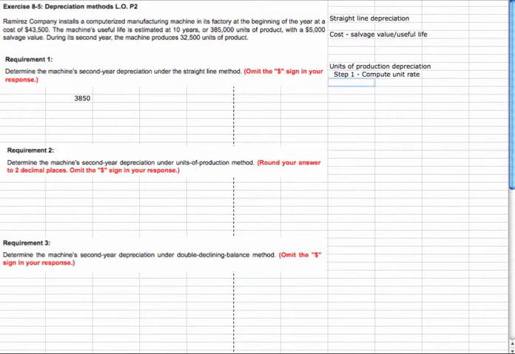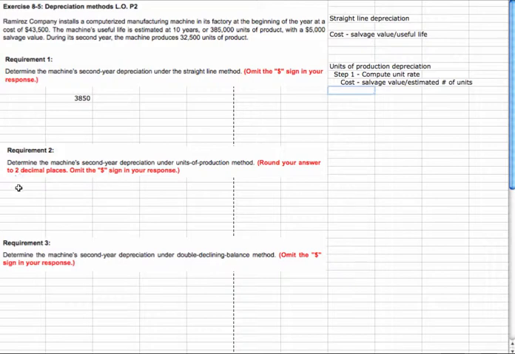What we mean by the unit rate is how much of the cost you can allocate per unit of what is estimated. So what we have here is a formula. It says take the cost minus the salvage value divided by the estimated number of units.